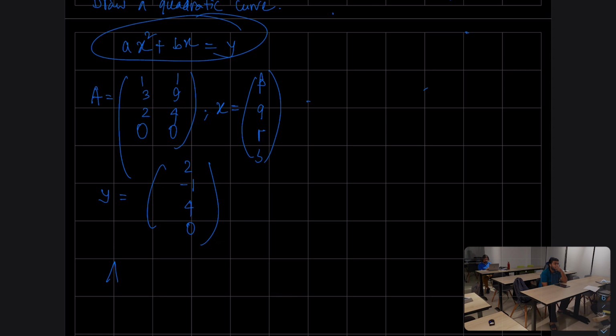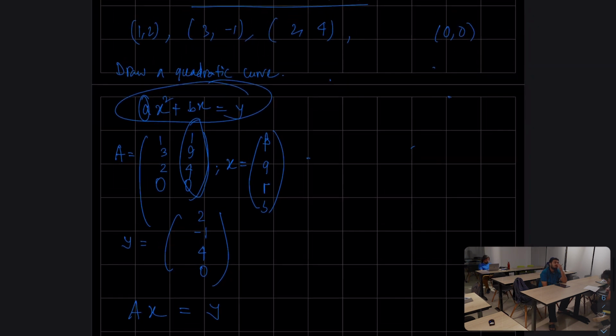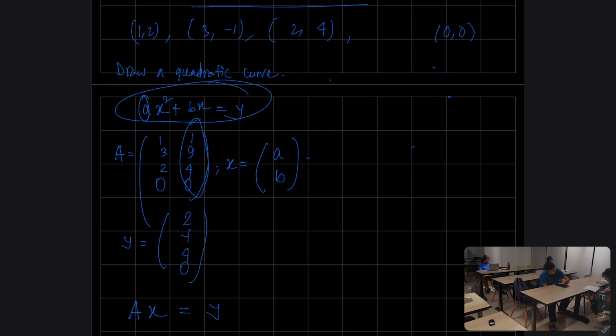It can be cast into a matrix equation. Okay? Actually, why is PQRS coming here? Sorry, PQRS will not be this, it will be a, b, and the y's will be this. Yeah, now it makes sense.